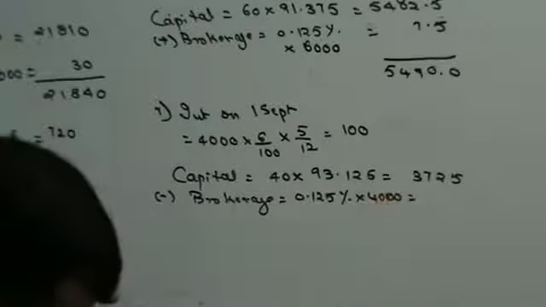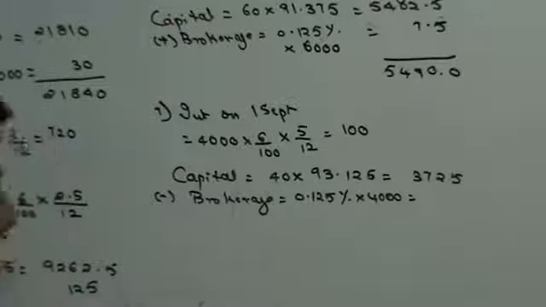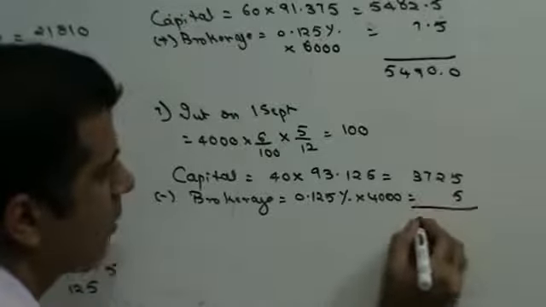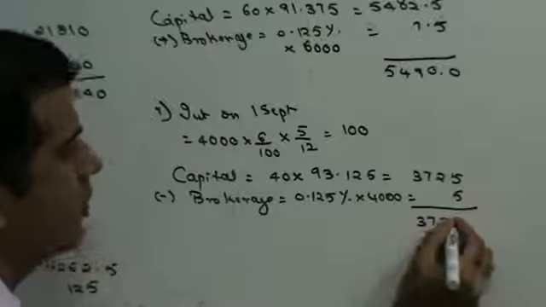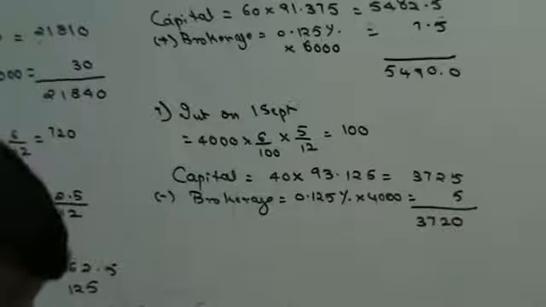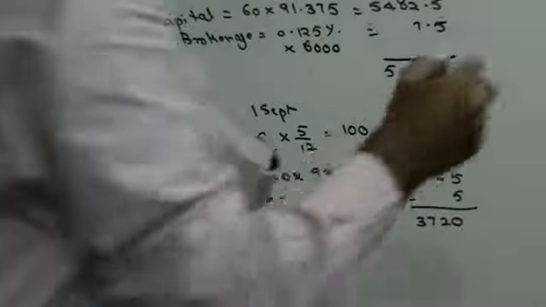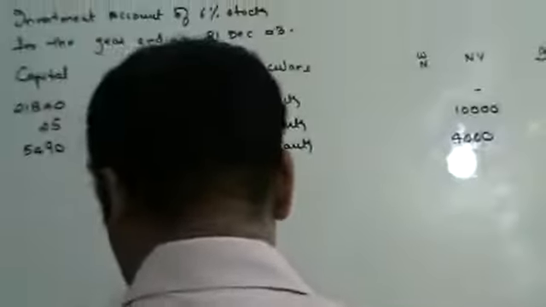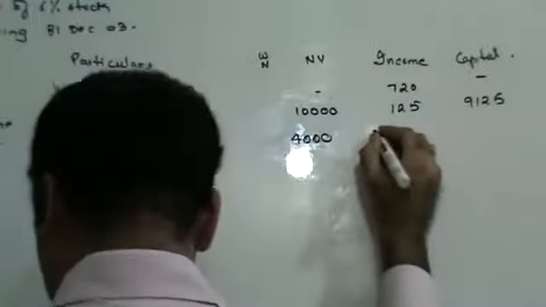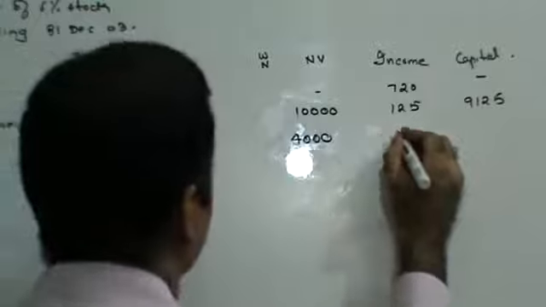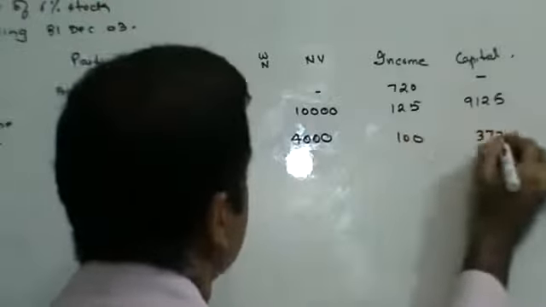Someone please help me calculate this. 5. So this is going to be 3720. Right? So your capital value is going to be 3720. You're deducting brokerage. So this is 100 and this is 3720.